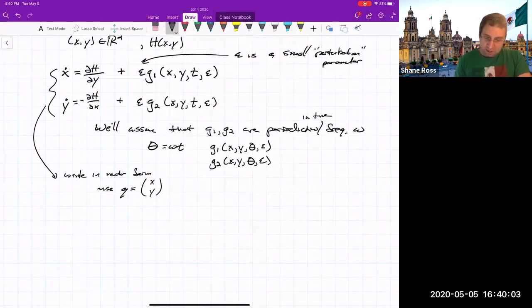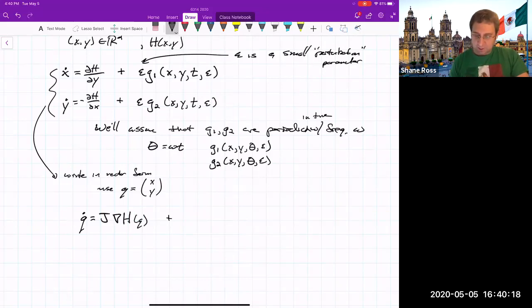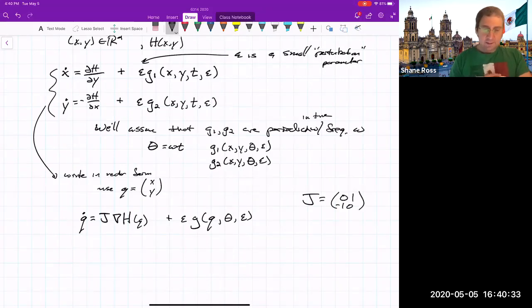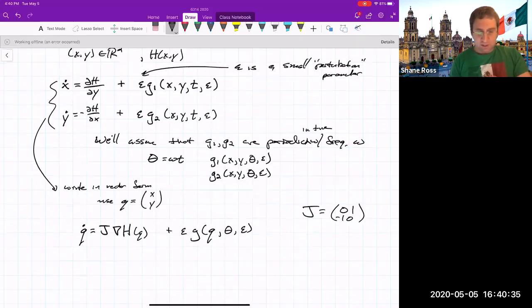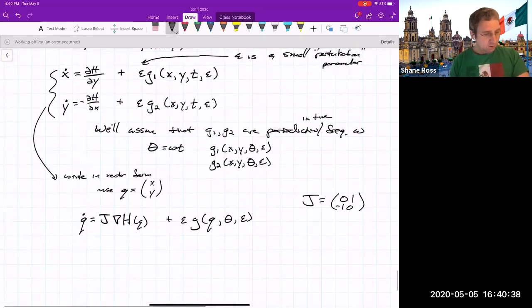And then this ODE looks like Q dot equals J times the gradient of H, which is a function of Q, plus epsilon G, which is a function of Q, theta, epsilon, where J is just the canonical symplectic matrix in 1 degree of freedom.